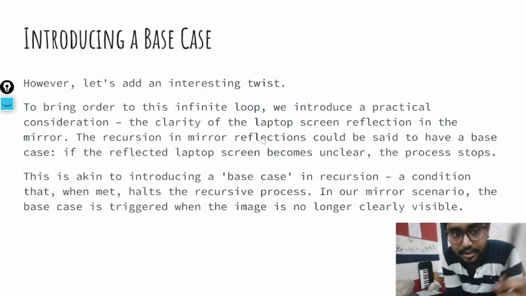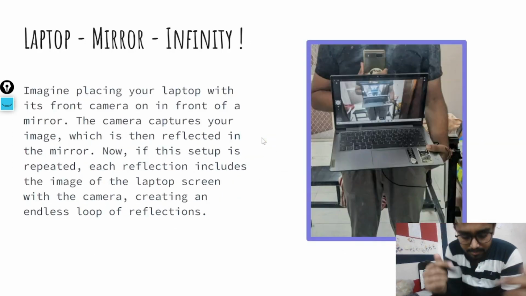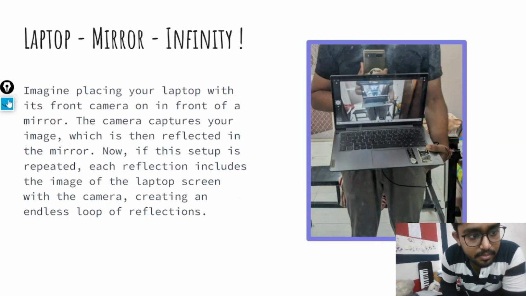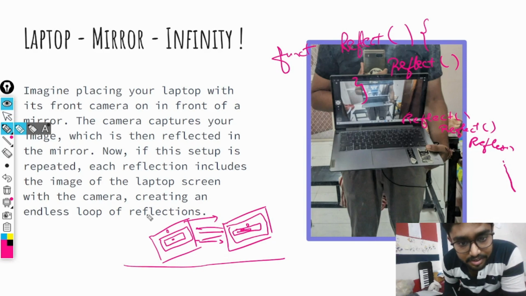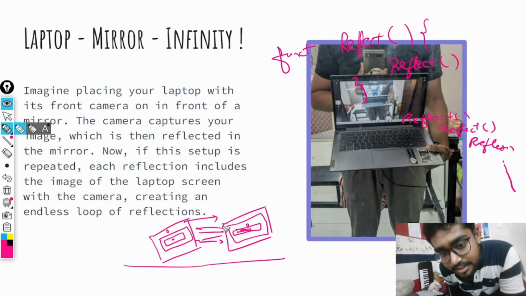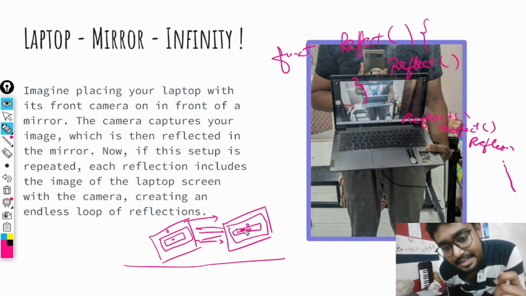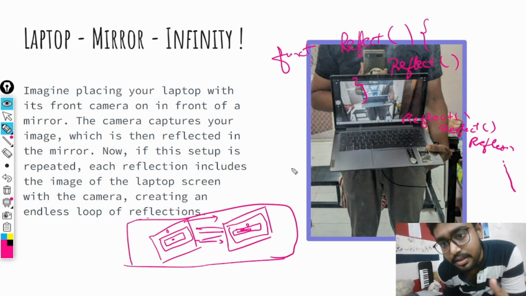Okay, so in our case, what happened, should I tell you by drawing this? Actually, I kept this drawing here only to not erase it, because you can see here also that after 3 reflections we were unable to draw it. So in this case, this could be a base case: when you are unable to draw further, then you cannot explain it, and in this explanation, this is the base case. In the real world, when the image is not clearly visible, that is the base case.